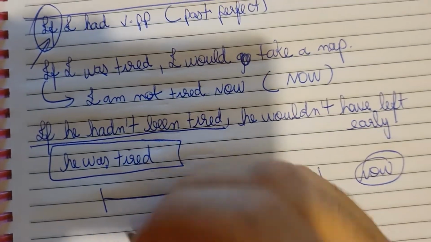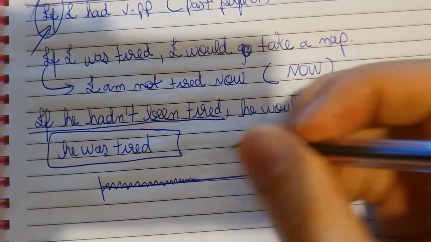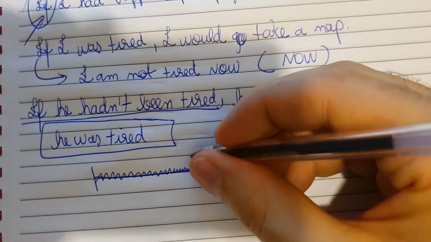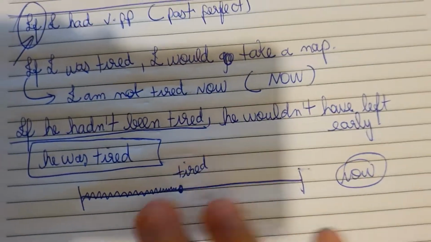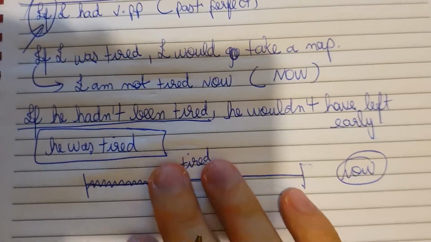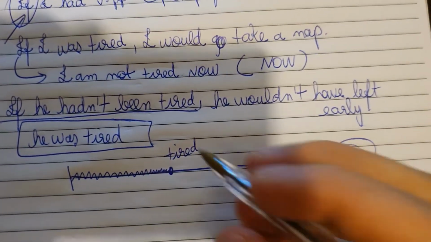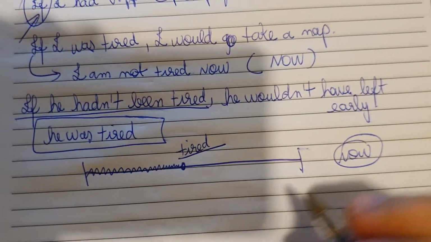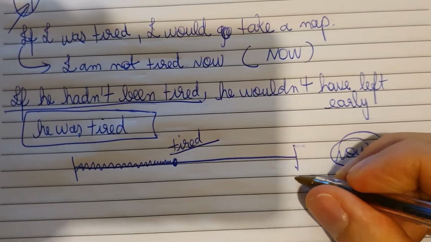He goes to a party. Okay, he enjoys the party, everything is fine until the time that, oh, that's enough, I'm tired. I've had enough of it, now I'm leaving. So I'm tired now, and he left early before the party ends.